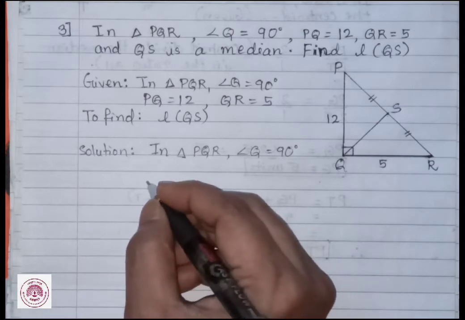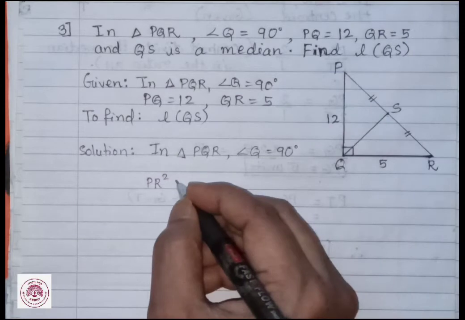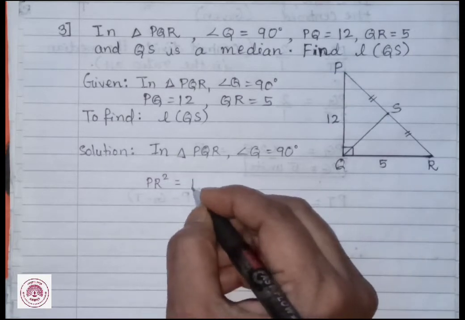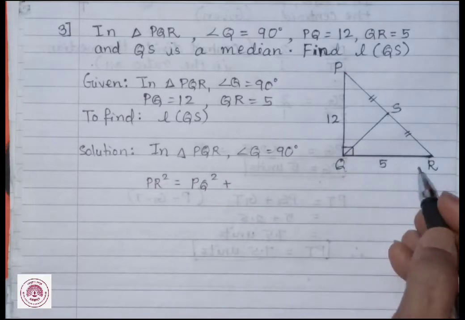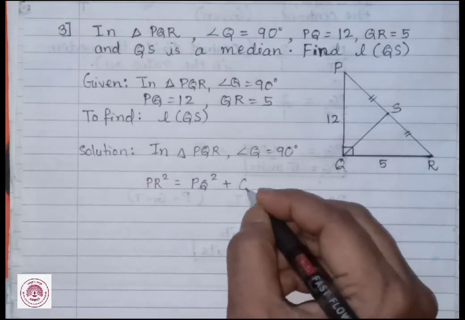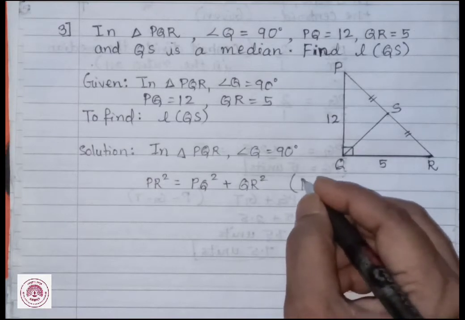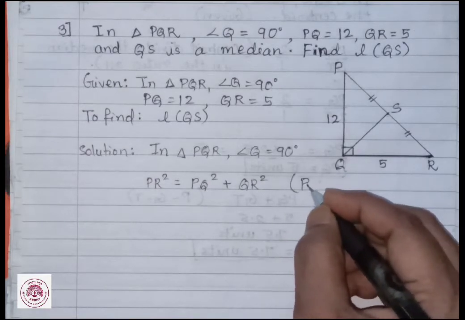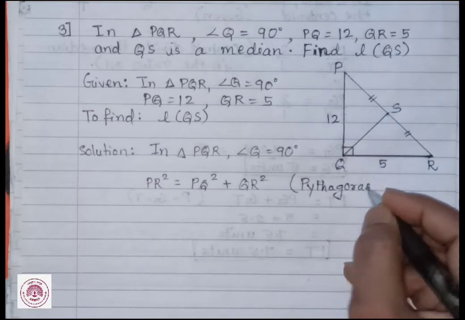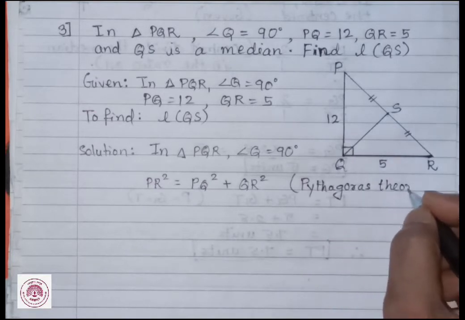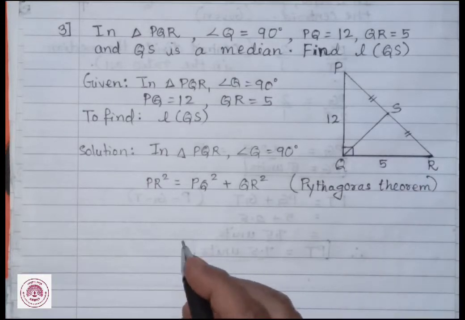According to Pythagoras, hypotenuse square, that is PR square, is equal to side 1, that is PQ square, plus side 2 square, which is QR square. In the reason we can write Pythagoras theorem. Now let's substitute the values.